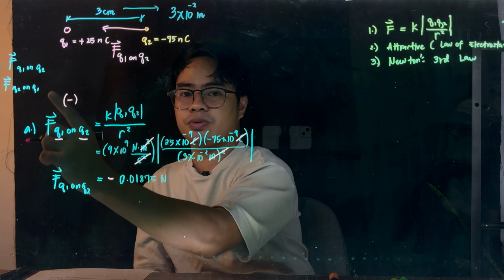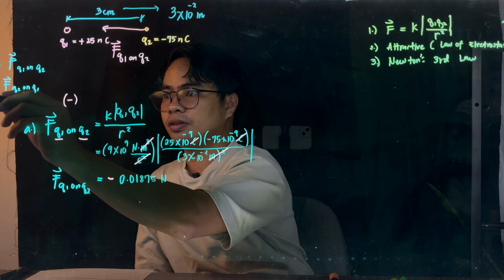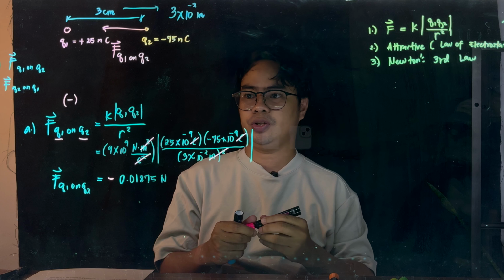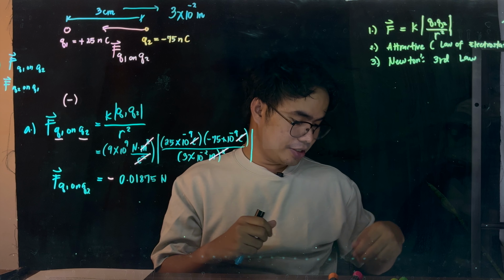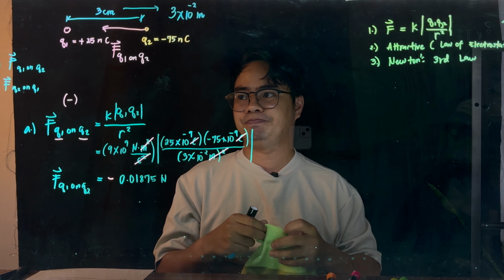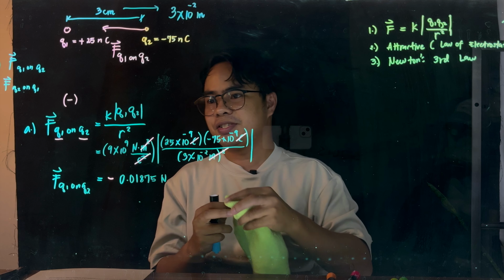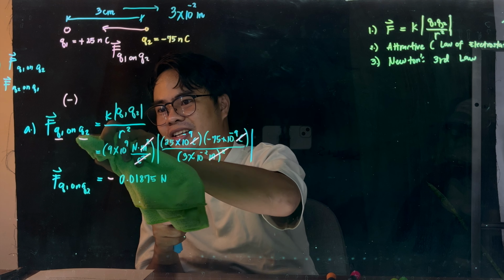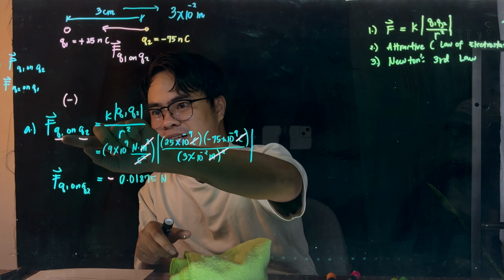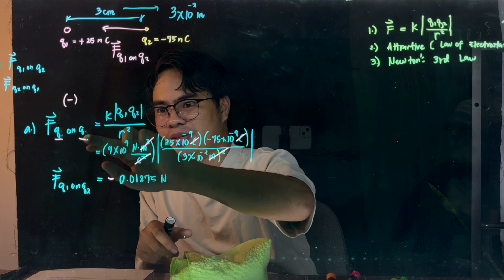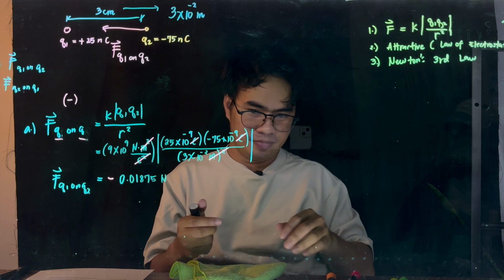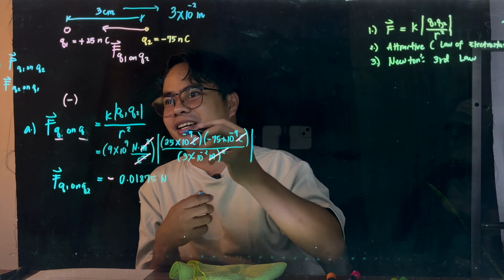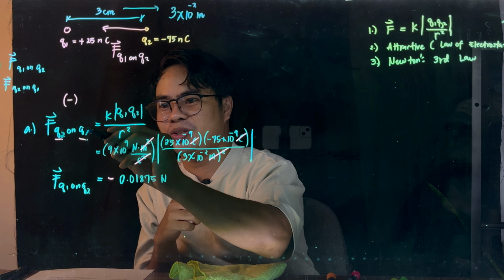We are going to solve for B, the force that Q2 exerts on Q1. So basically, we simply have to change something in the equation. From the looks of it, it's going to be Q2 and Q1.